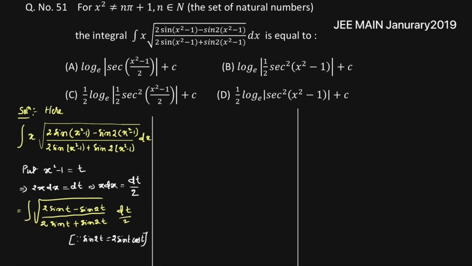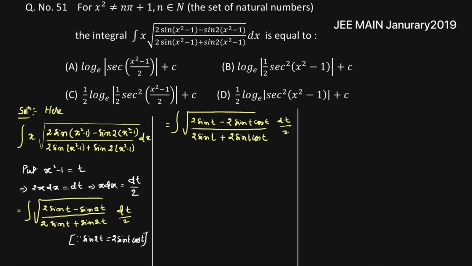After that we are able to write as integration of root over 2 sin t minus 2 sin t cos t divided by 2 sin t plus 2 sin t cos t, dt by 2.